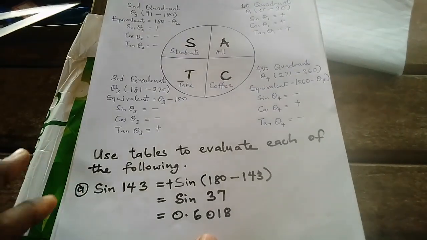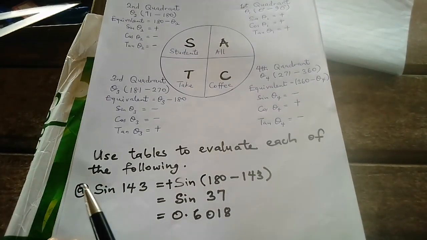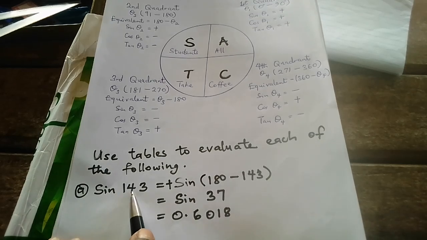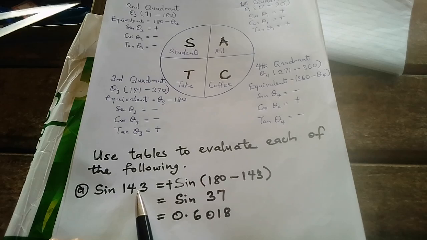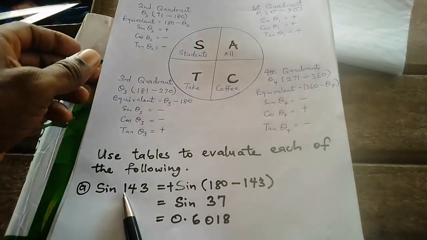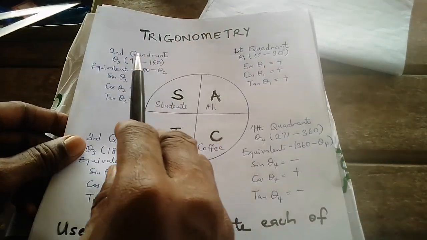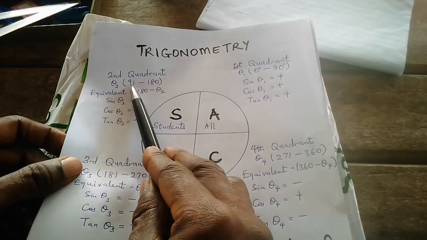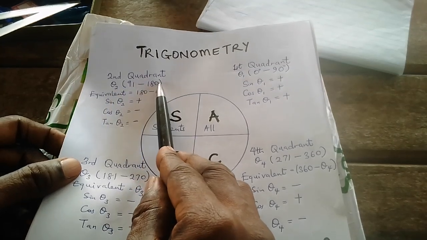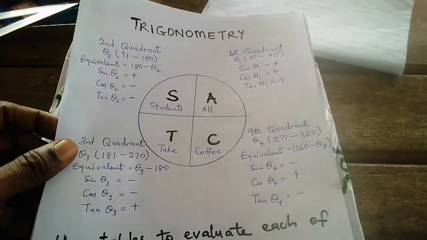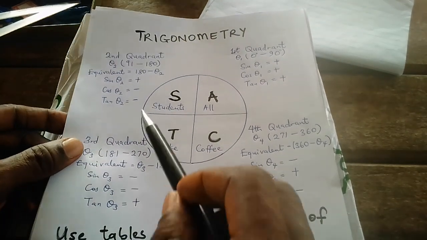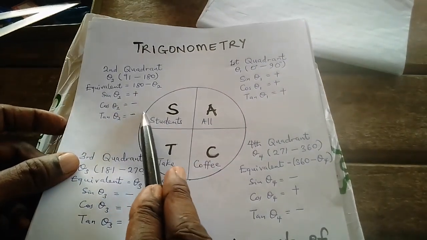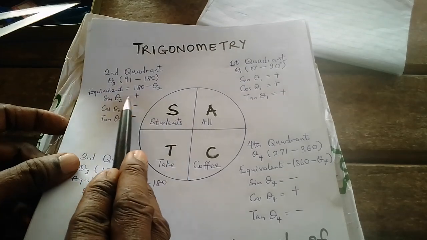Now, if we are told to find sine 143, 143 is an angle in the second quadrant because it is within 91 to 180. In the second quadrant, sine is positive.